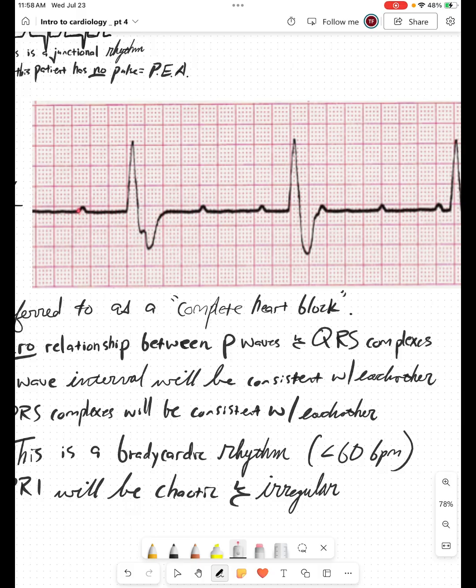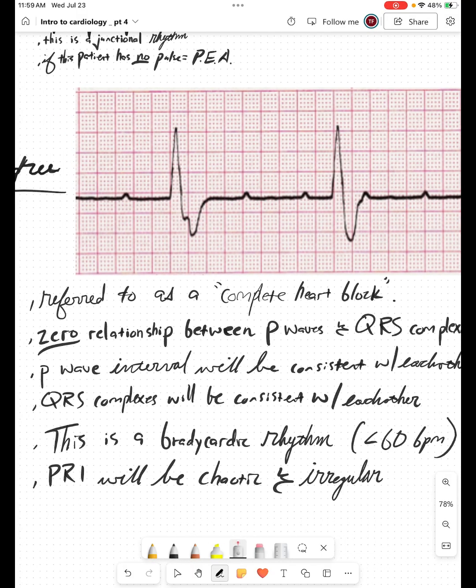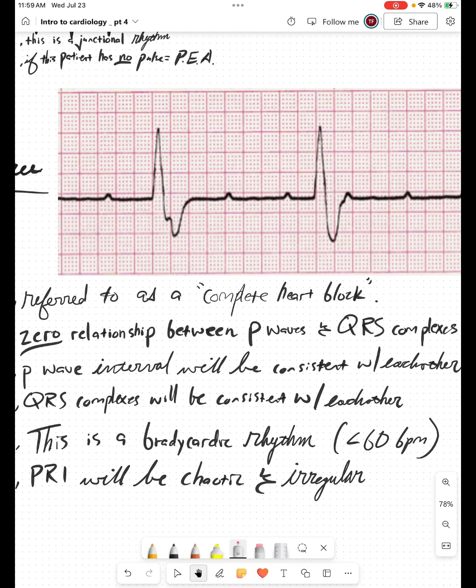So the distance between here and here is going to be the same as here to here, here to here, here to here, and the distance from my R wave to my R wave is going to be the same with this R wave as well. So this is a complete heart block. There's zero relationship between P waves and QRS complexes.